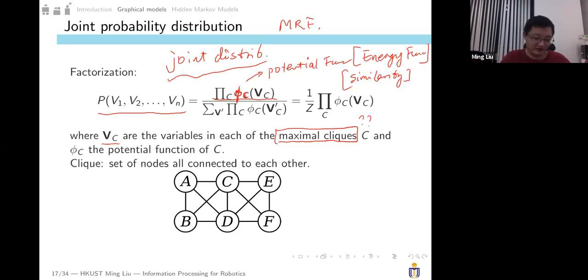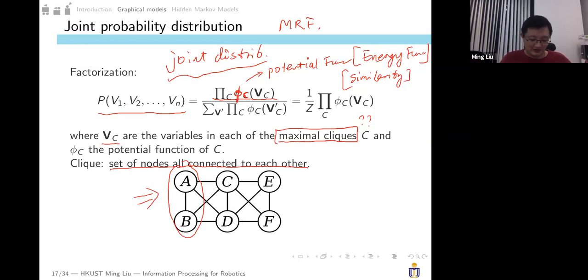A clique is a set of nodes all connected to each other. For example, in this graph, what is a clique? A set of nodes that all connect to each other. For example, A and B, this is already a clique.